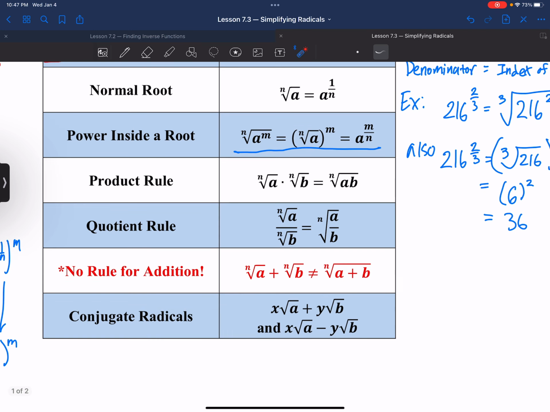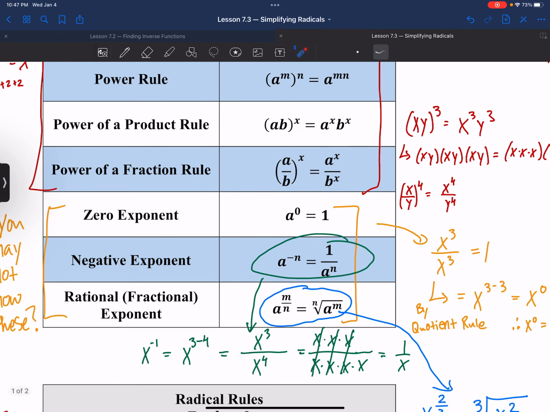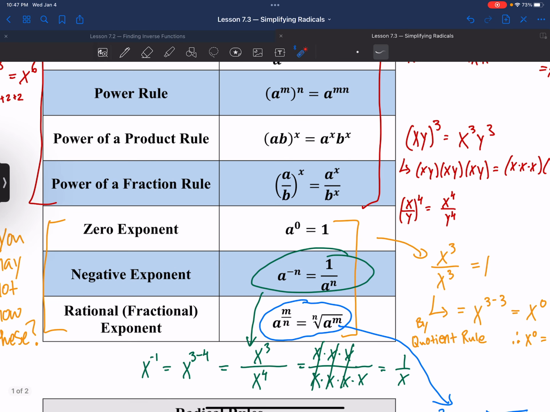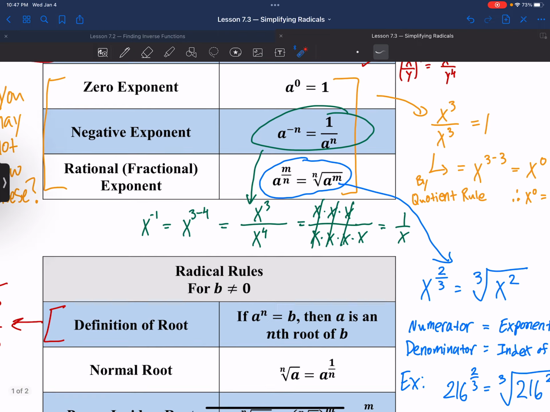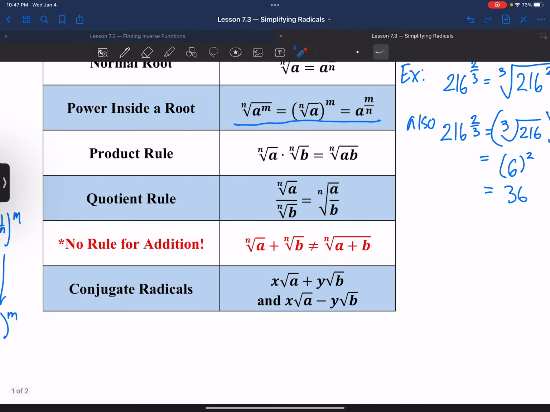This product rule says that when you multiply two radicals, you can stuff them under the same radical. And you know that because we've done that before. That's not new, right? But I think that comes from this rule, the power of a product. Yeah, power of a product rule. So it's not that it doesn't come from the product rule, it comes from the power of a product rule.